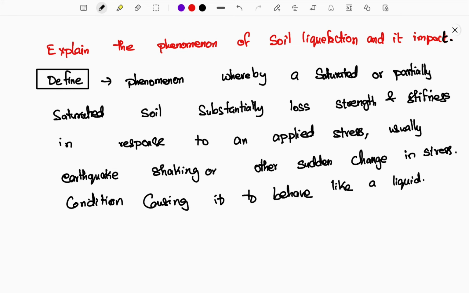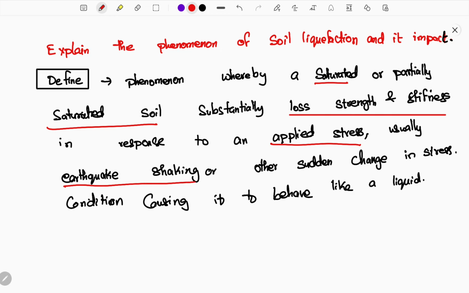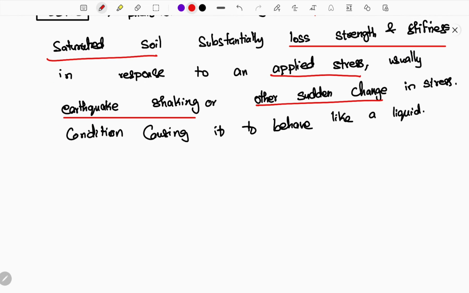Whatever I explained through the image is now represented in a definition, so you need not memorize it. I will repeat it once, so that it is useful for your notes. A phenomenon whereby saturated or partially saturated soil substantially loses strength and stiffness, as I showed through the image, in response to an applied force, earthquake shaking, or other sudden changes.